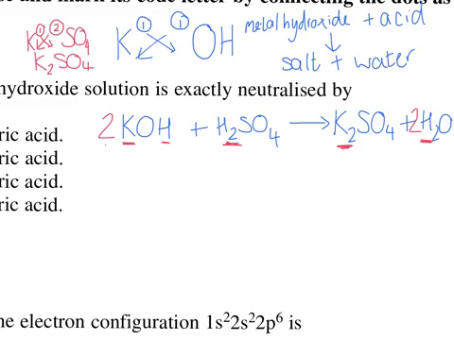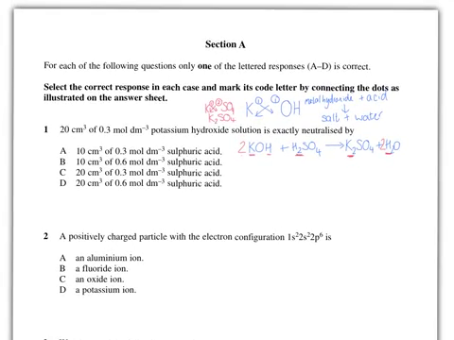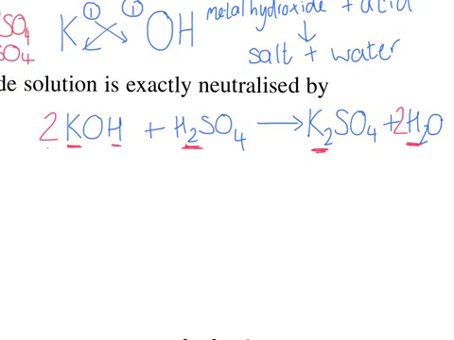Okay, so going back to the question, we have 20 centimetres cubed of 0.3 moles per decimetre cubed potassium hydroxide. So we're going to use the equation n equals CV.